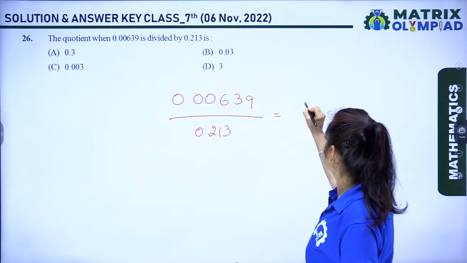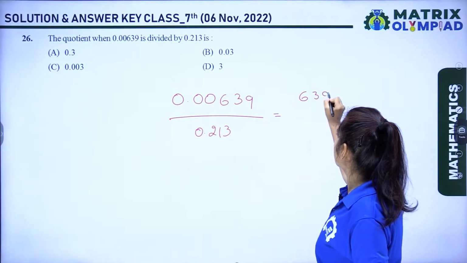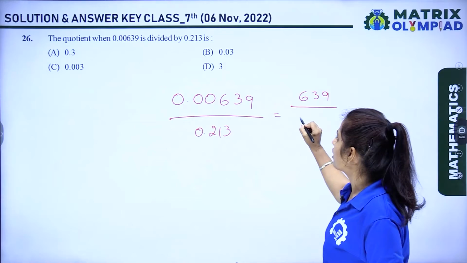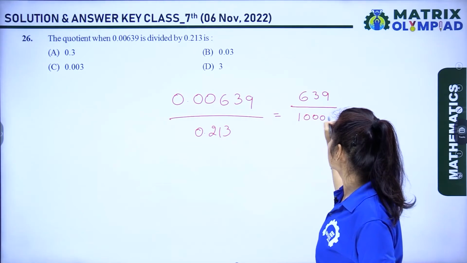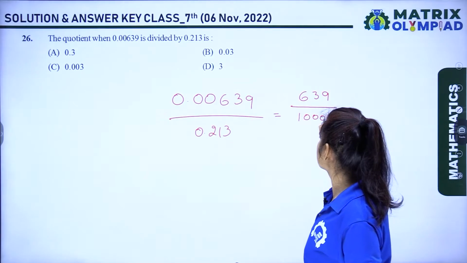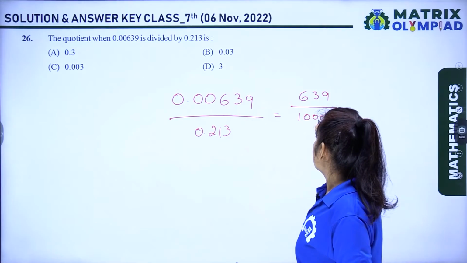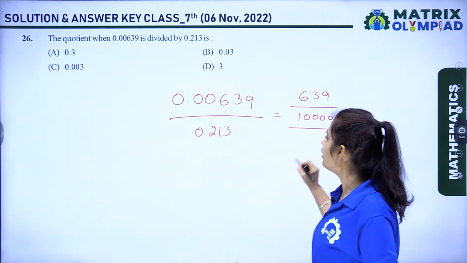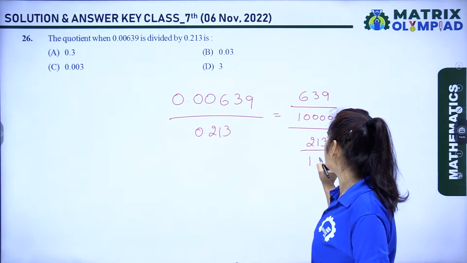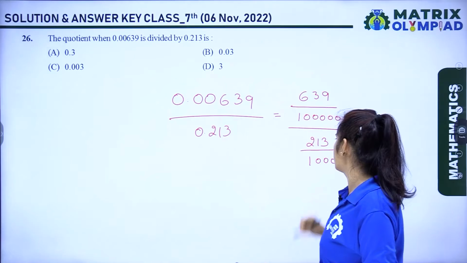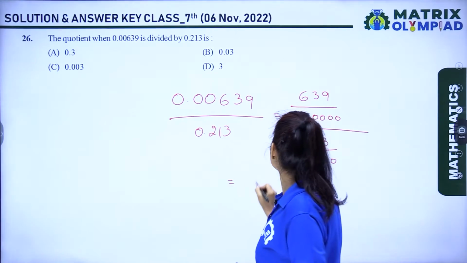So here 639 upon 1 lakh divided by 213 upon 1000.